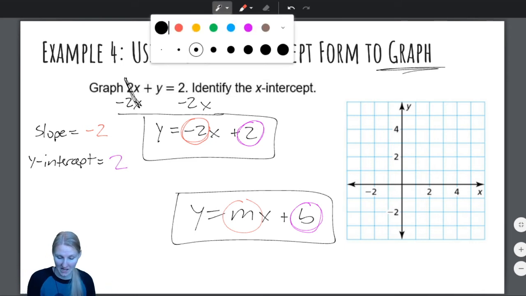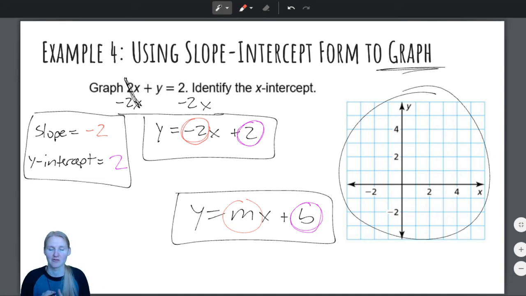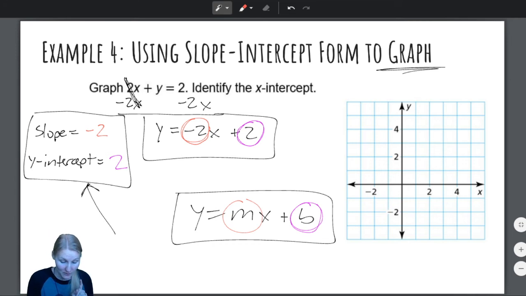Okay. And there you go. That's step 2 done. Now we're going to start the graph piece of it. We needed this information. We needed to know the slope and the y-intercept in order to graph. And now that we have this information, we can make our graph.